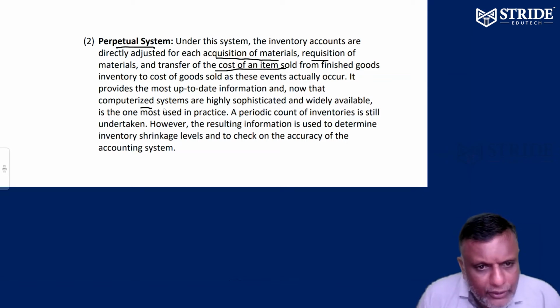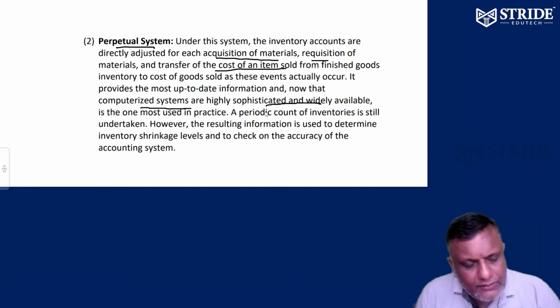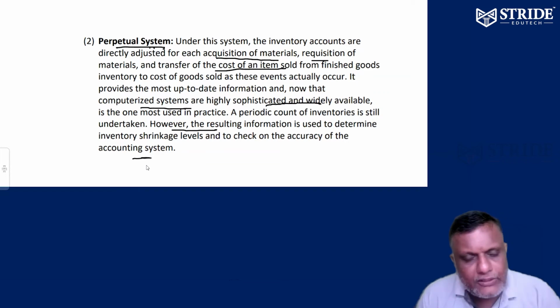Now everything has been computerized nowadays, so it is widely used. I know the stock opening, so any addition today, anything sold, balance. Opening, addition, sold, balance. This kind of continuous stock taking is called the perpetual system.